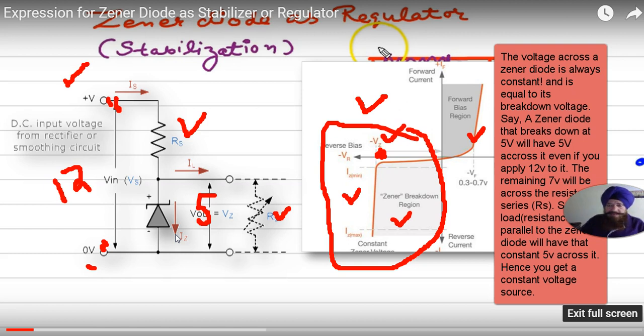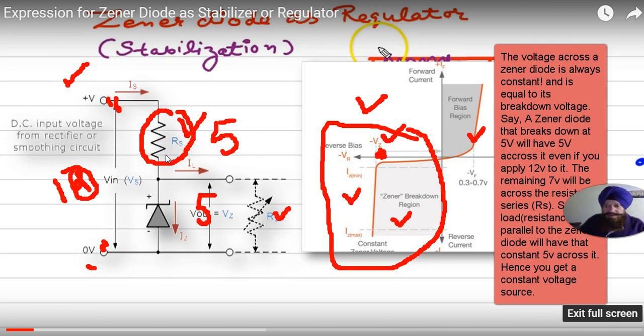And where is the remaining 7 volt? 7 volt will be here across the resistor. And if the input voltage is 10 volt, what happens? The output Zener breakdown voltage remains 5, and the rest of the 5 appears across the series resistance.